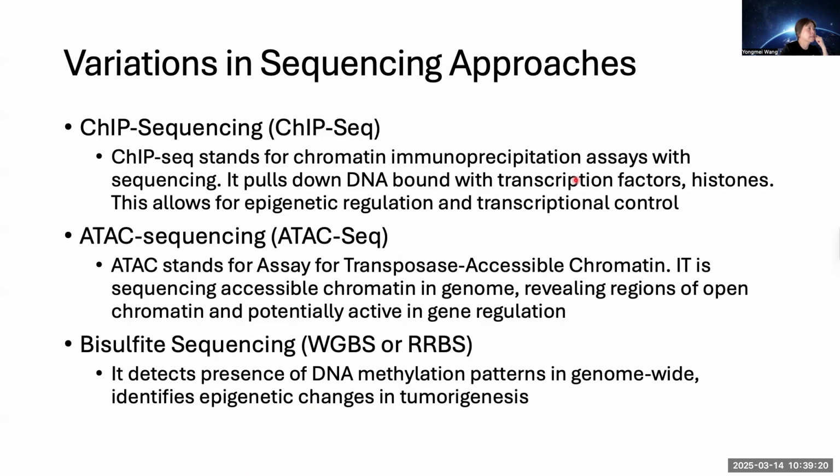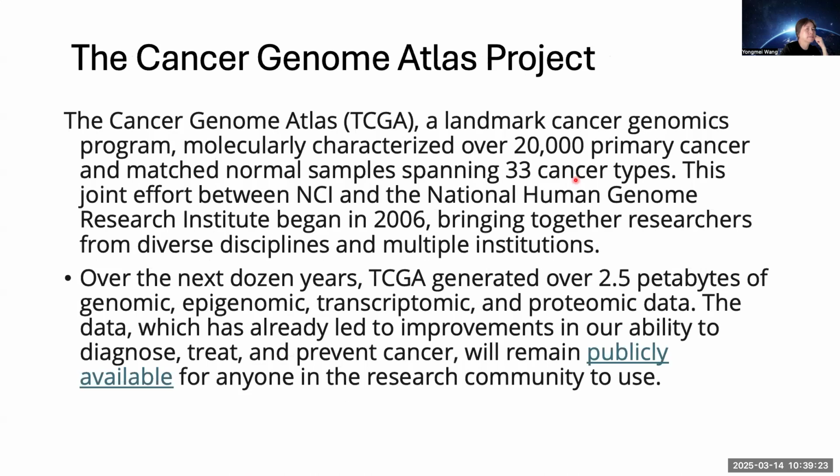All right, so let's go on to talk about the Cancer Genome Atlas Project. If you Google it, you will be led to the TCGA website, right? It is stated in NIH: the Cancer Genome Atlas, TCGA, a landmark cancer genomics program.